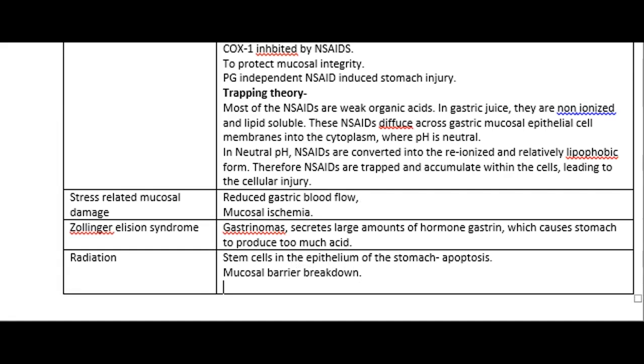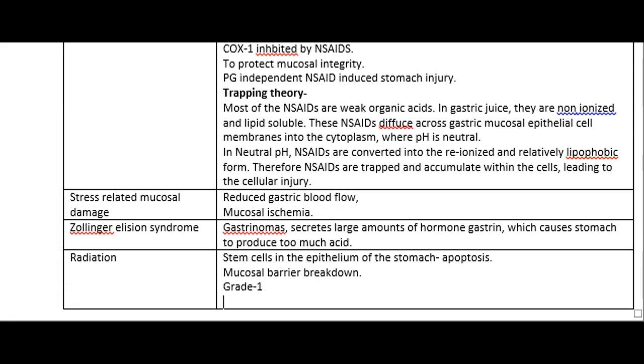because of this radiation. Okay, and with respect to the gastrointestinal tract, the severity of the toxicity is reported as grades of severity based on the symptoms. Because of the radiation, obviously some damage occurs, and this is categorized as grades, from grade 1 to grade 4, based on signs and symptoms.